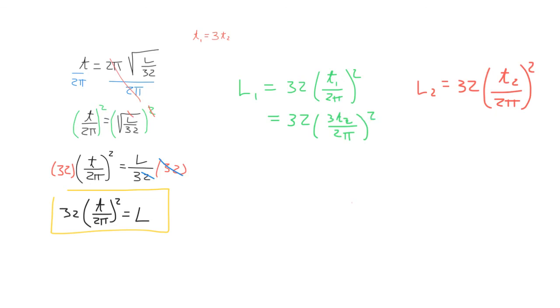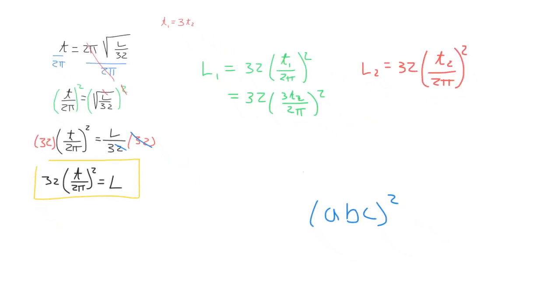So what I mean by that is this 3 secretly becomes a 9. And we could take the 9 outside of the whole thing. Now, in case that's not clear, just know that if I had A, B, and C raised to the 2nd power, since it's a product raised to a power, you could rewrite it as A squared, B squared, C squared.